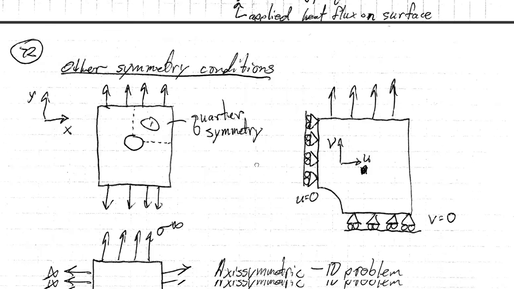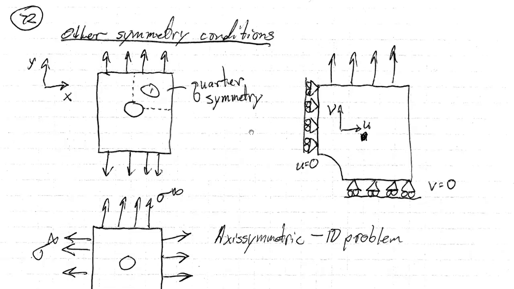Here are a few other things to consider when you're setting up these type of problems. Let's say you have a plate with a circular hole in the center. If you're uniaxially loading this, you have quarter symmetry, so you don't have to solve the whole thing. You reduce the computational intensity and only solve 1/4.